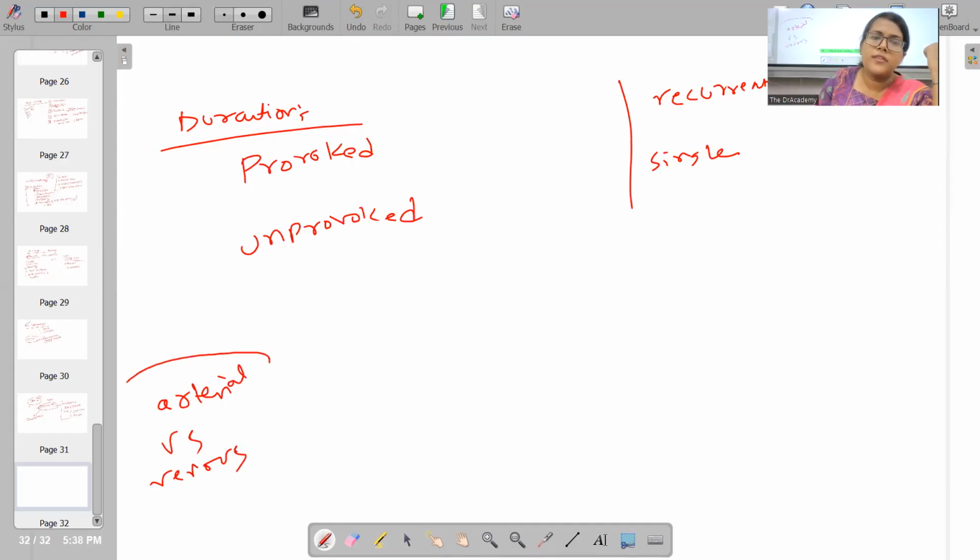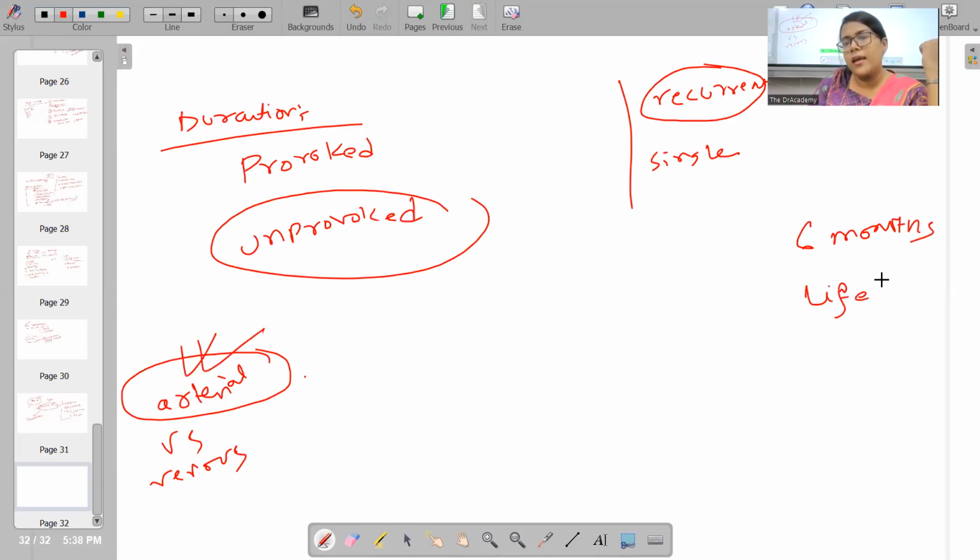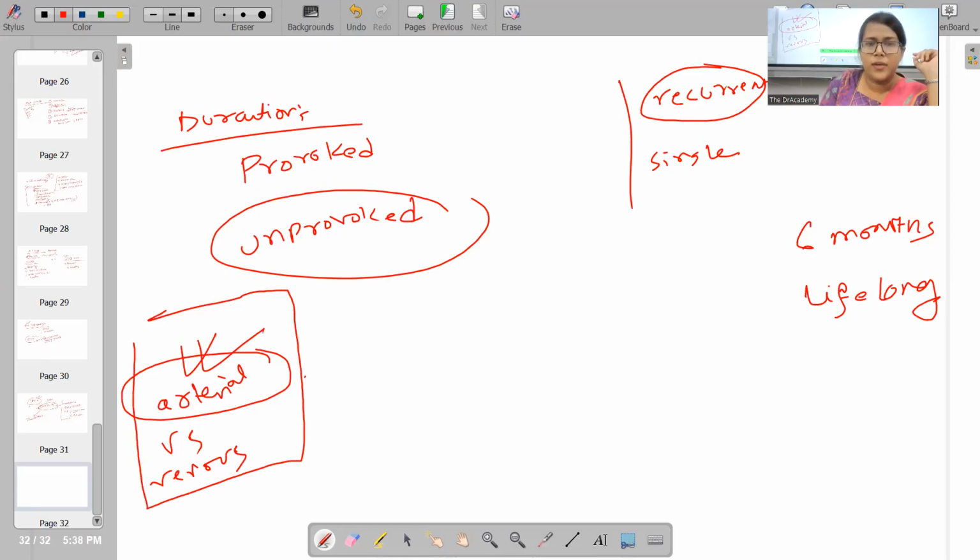Usually if there is arterial involvement, this is an unprovoked event with recurrent thromboembolism, so it is given for a longer duration like 6 months, and in case of arterial involvement, there is lifelong anticoagulation. But we are talking about pulmonary embolism itself, so we will keep this aside. We will think of only provoked versus unprovoked and recurrent versus single.